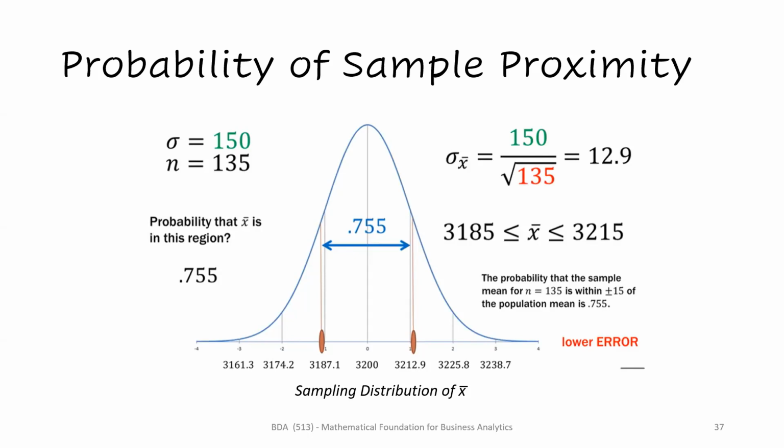So now the sample size is 135, and then the standard error of the mean is 12.9. Find the probability of the sample mean being within plus or minus 15 of the population mean. Okay, so work that out.